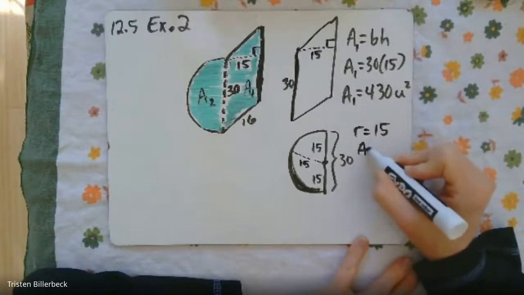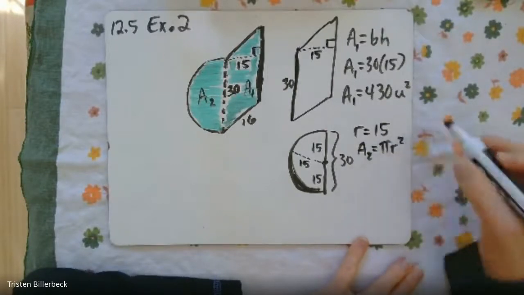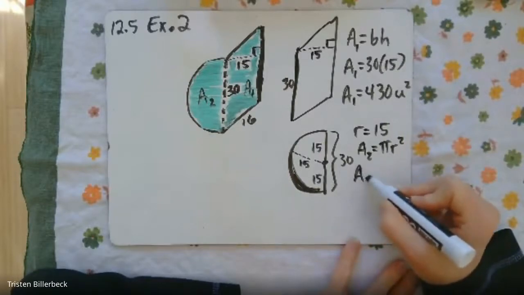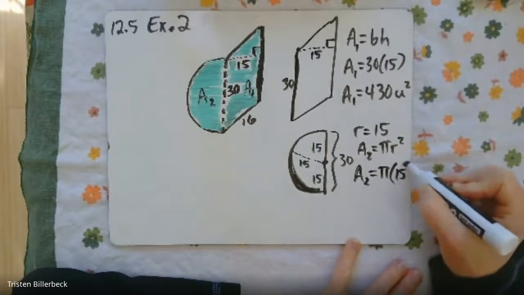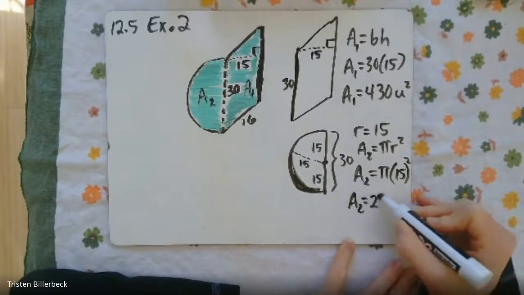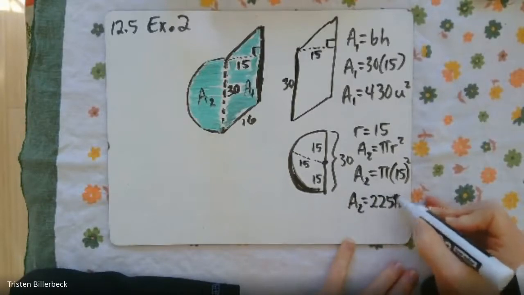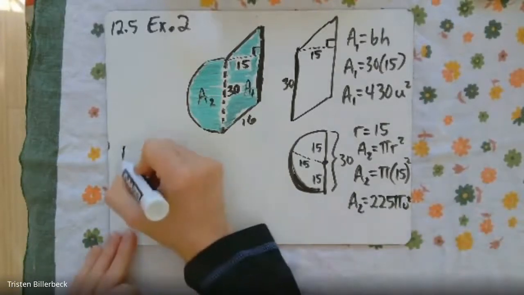And the area for A2 is pi r squared. So we have A2 equals pi times 15 squared. So A2 ends up being 225 pi units squared.